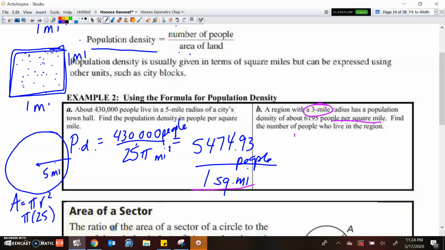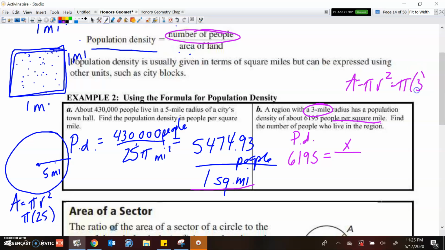So the population density is given as 6,195. What I'm trying to find is the number of people. So I'm going to say it equals x over the area of the land. The area is pi r squared, which is pi times 3 squared, or 9 pi.